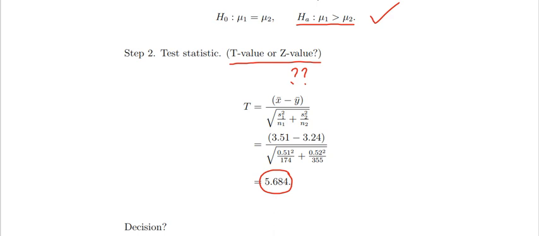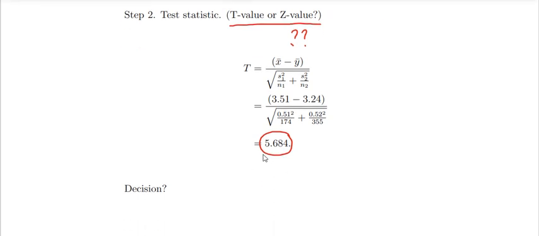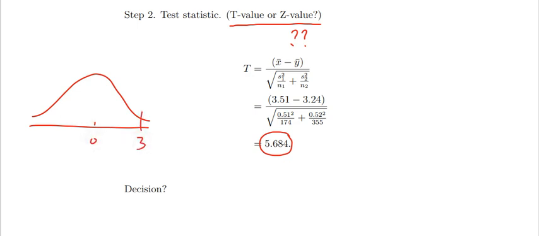No matter whether t value or z value, we can determine this is a big number. For standard normal, 3 is already a big number. For t, it is quite the same.